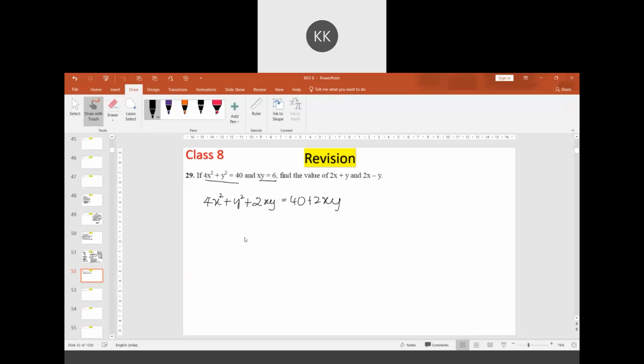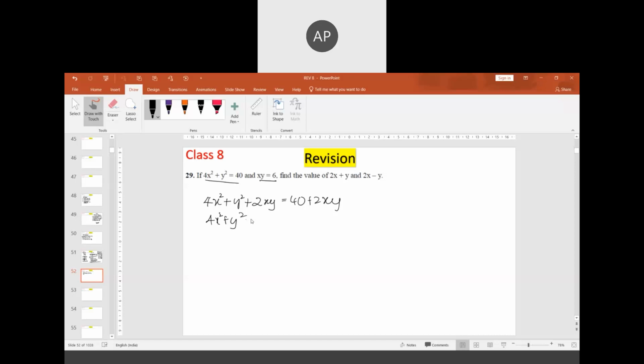What is the use of doing like this? Sir, we know xy equals 6. So 4x square plus 20, 12 is equal to 52. What is the use? I don't understand the use.